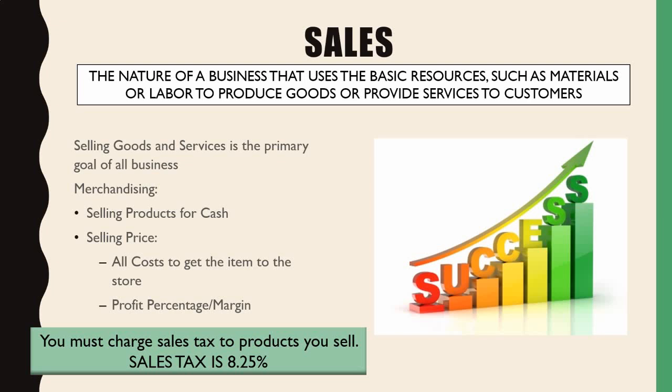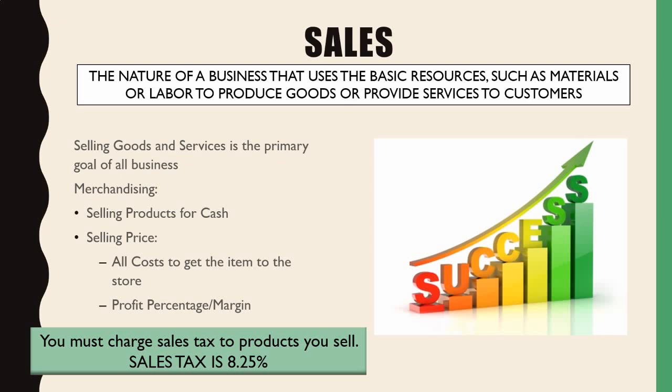my consumers. Now you also have to remember, right? We also have to add in a little extra to make a profit. So again, the goal here is to purchase the product with cash, right? And then create a selling price, which is going to be the cost of getting the entire inventory asset to the store, and then add an additional profit percentage, okay?